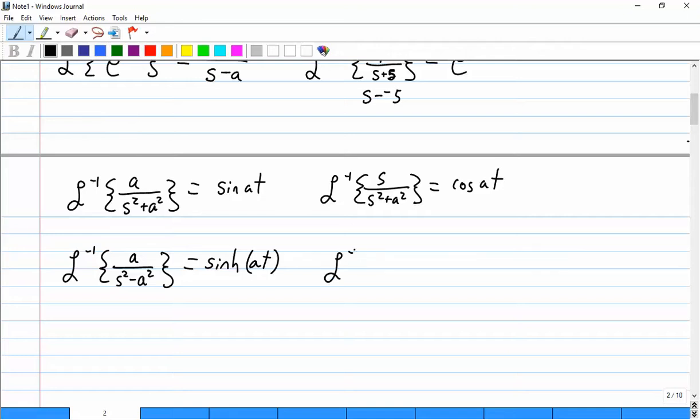And the inverse Laplace transform of s over s squared minus a squared is equal to the hyperbolic cosine of at.